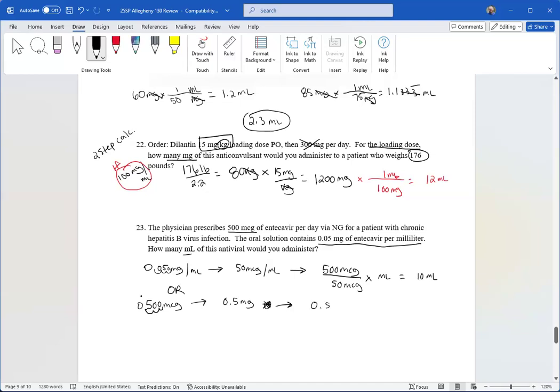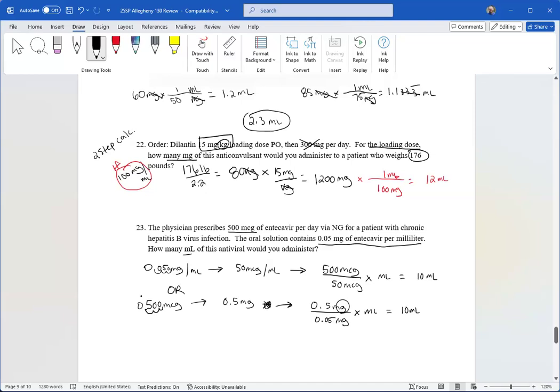I take my order over my available, which was the 0.05 milligrams per milliliter, and I'm going to get the same answer.